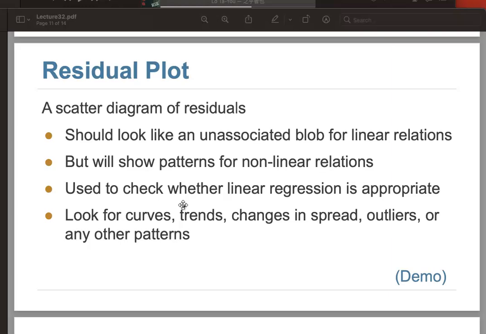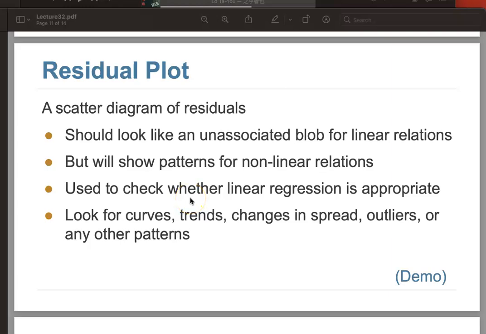Your scatter diagram should look like an unassociated blob for linear relations, and it will show a pattern for nonlinear relations. The most important reason we have the residual plot is to check whether linear regression is appropriate to represent our observed data.